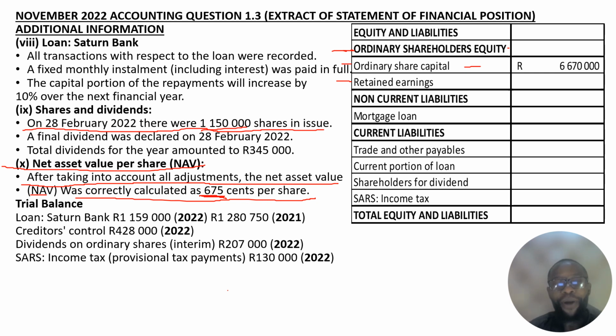So how are we going to get that amount? In order for us to get that amount, we are going to take this 675, it's not rands, cents, sorry, and then we multiply it by these shares, 1,150,000.